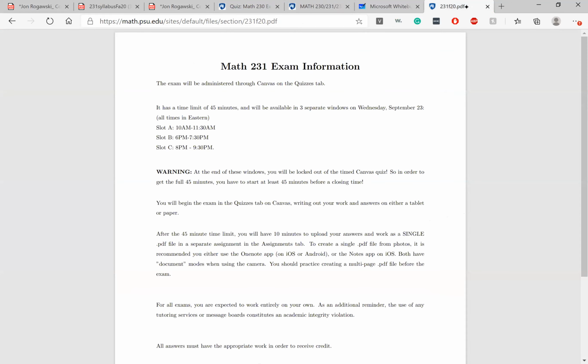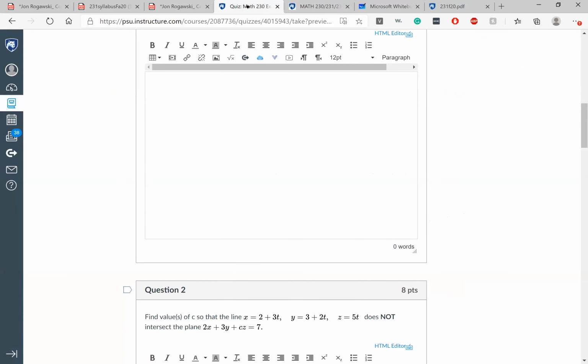And then the plane, 2x plus 3y plus cz is equal to 7.